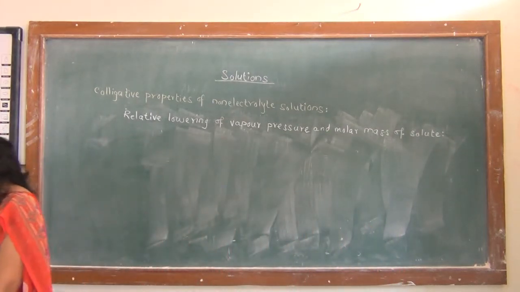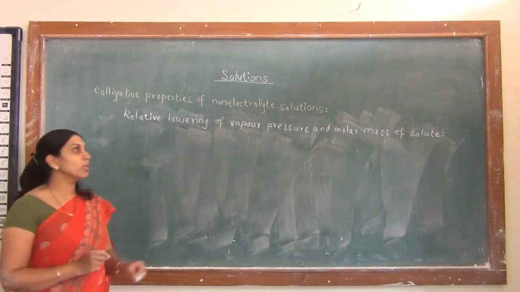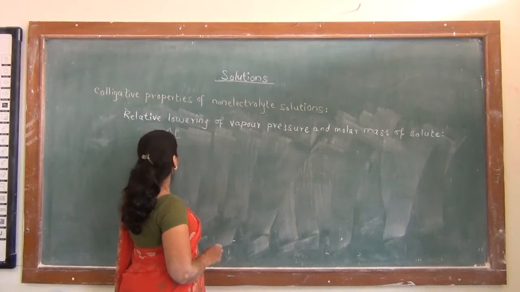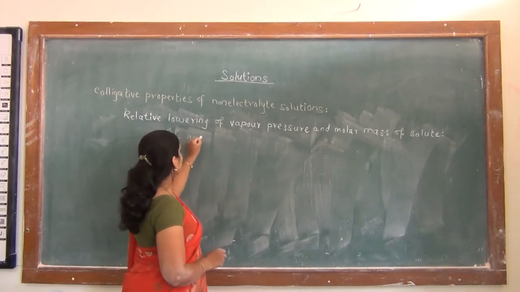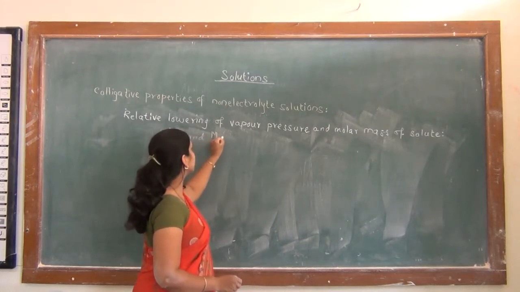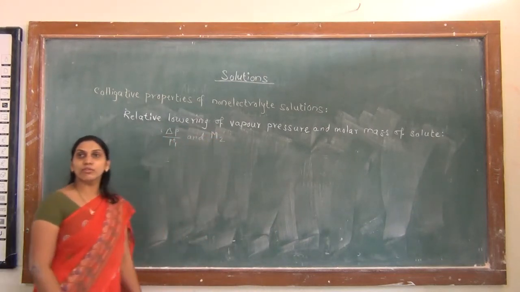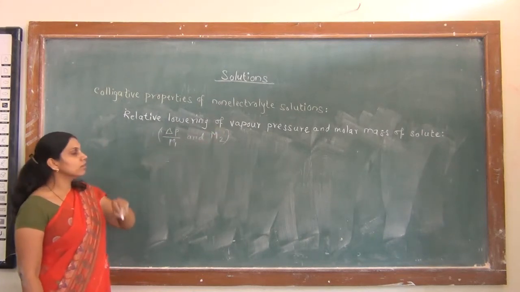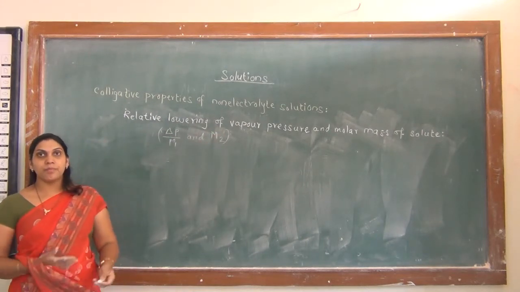For relative lowering of vapor pressure, what formula do we have? Delta P upon P01. And the molar mass of solute is called M2. We will see the relation between them.